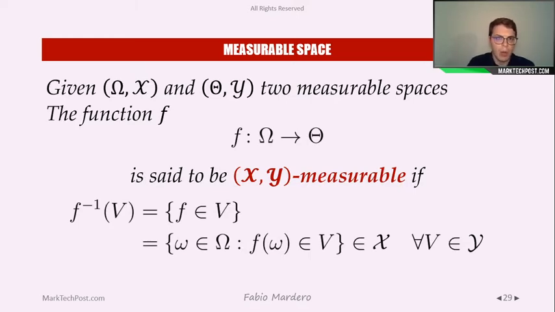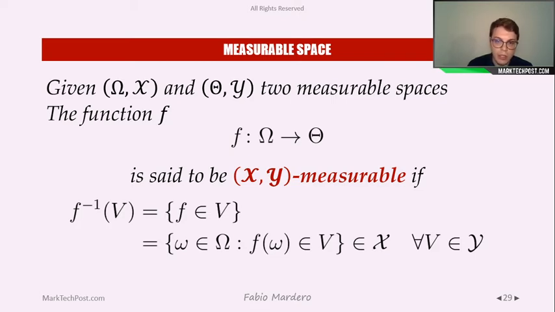Moving on, we have seen that a set of elements plus a sigma algebra gives us a measurable space. What can we do in this space? Well, if we take two measurable spaces, we can define a function that goes from the set of elements omega to the set of elements theta.